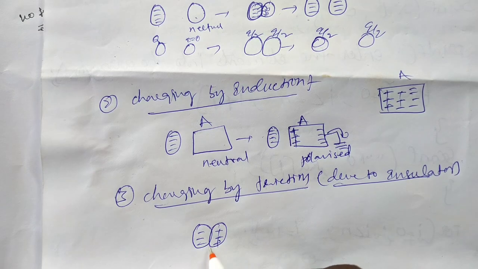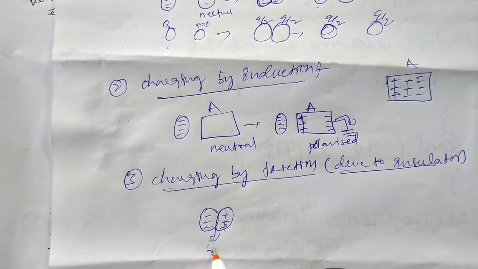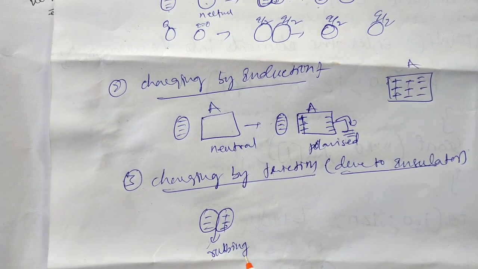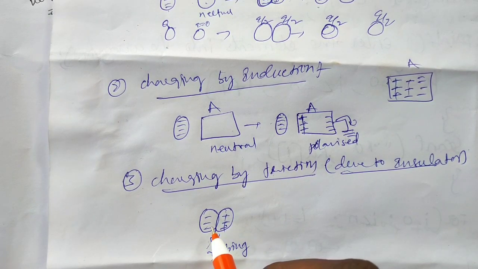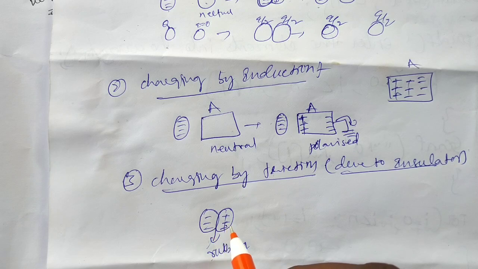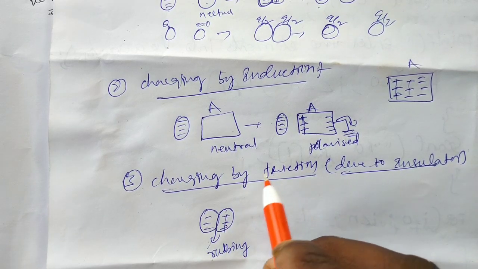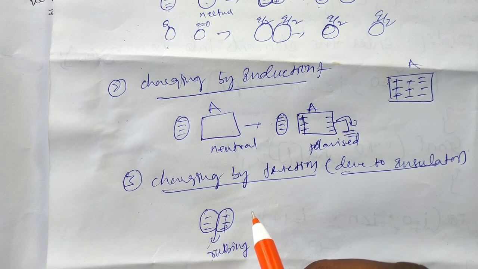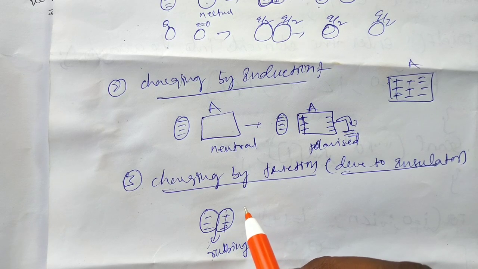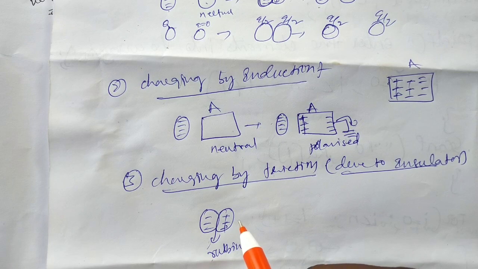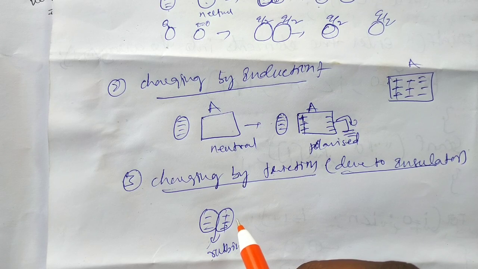When rubbing occurs, charge carriers are formed in the glass rod, plastic rod, wool, and fur. Every insulator material can be charged by friction. For example, every morning when we dry our hair with a comb, the comb attracts paper strips.